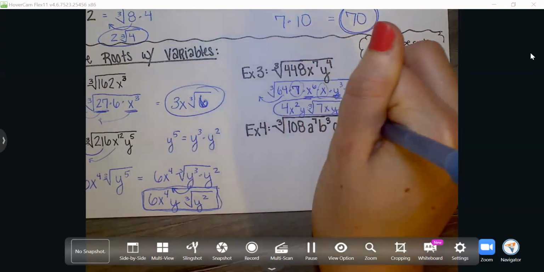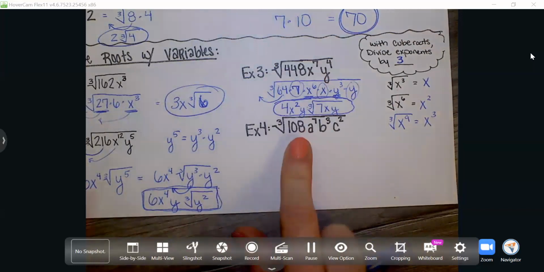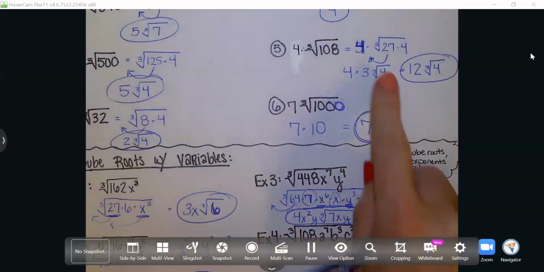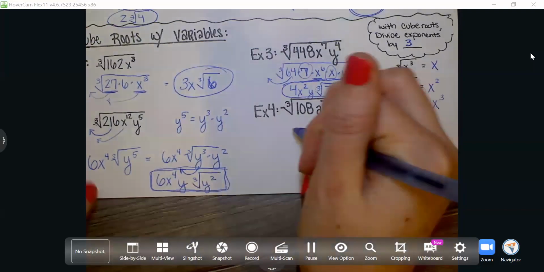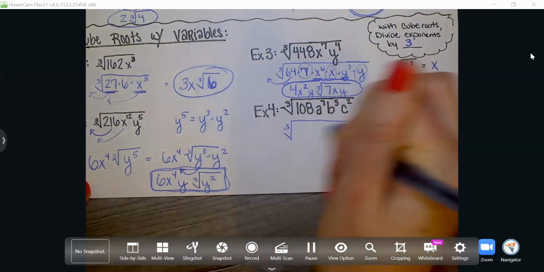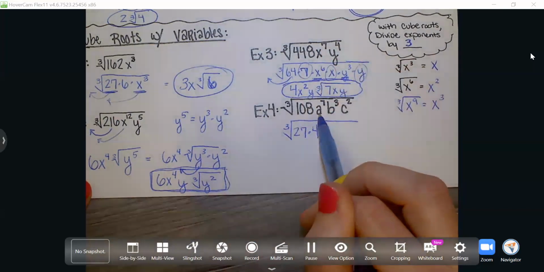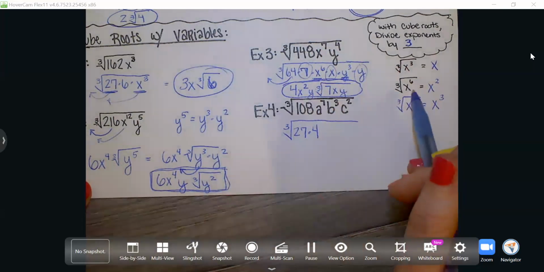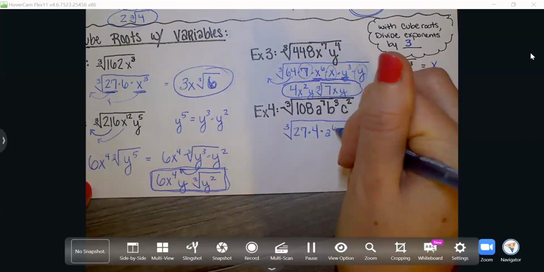Gosh, I don't have much room there. And my last example, 108, we actually did 108 right above here. We know it can be broken down into 27 and 4. So I'm going to break down this cube root into 27 and 4. A to the 7th, I'm going to break it down into a to the 6th and a.